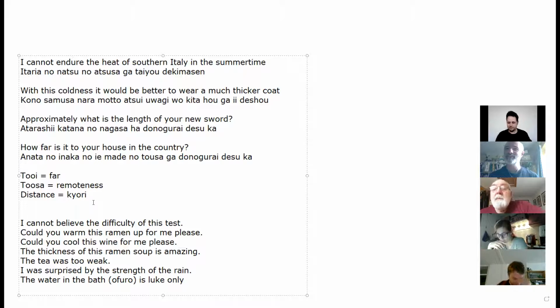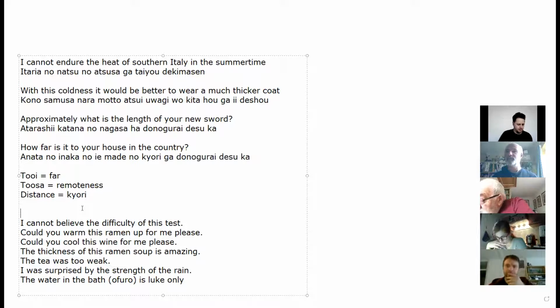Kyori is used for distance. So in this case here, Piotr, we could just replace tosa with kyori. Yeah, that makes sense. I'm still having trouble differentiating between remoteness and distance. Good question.